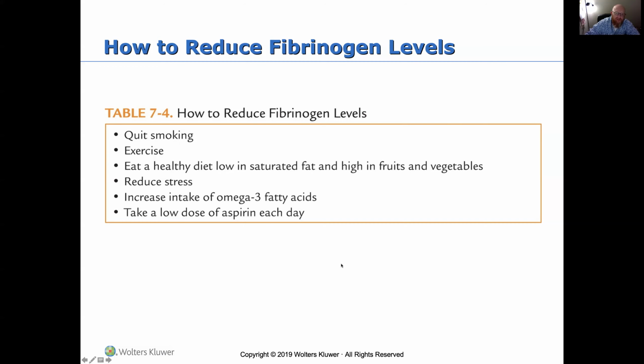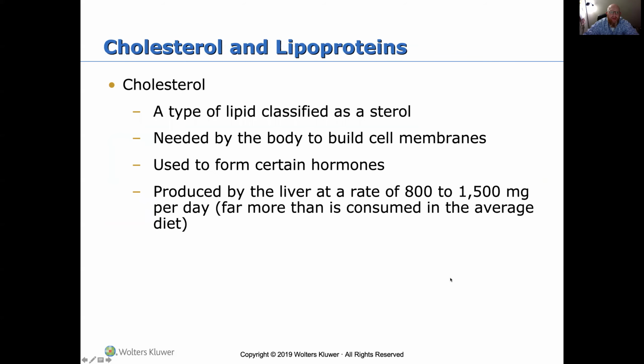And take a low dose of aspirin each day. These will cut down on fibrinogen levels, thus making your blood thinner, for lack of a better way to put it, and easier to run through your system. Your heart won't have to work as hard. There won't be as much pressure on your veins and arteries from the fluid that's going through there.